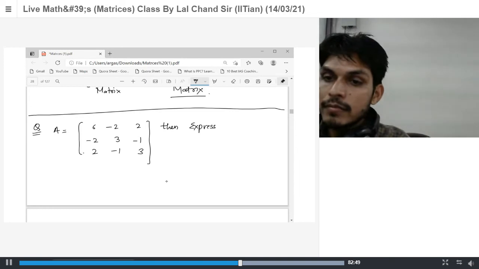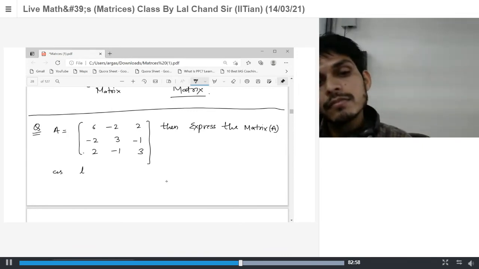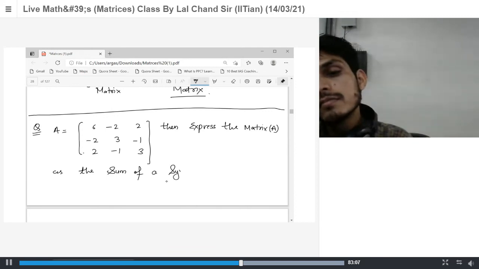Express the matrix A as the sum of a symmetric and a skew symmetric matrix.